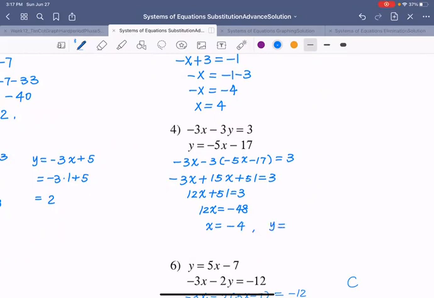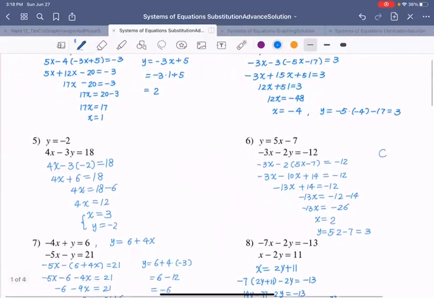Y equals 3. Very good. Thank you. Now let's do the next one.